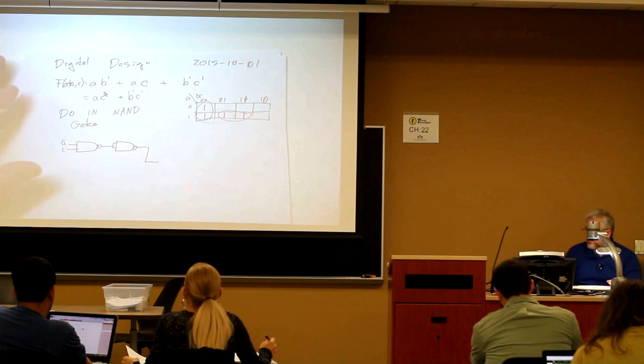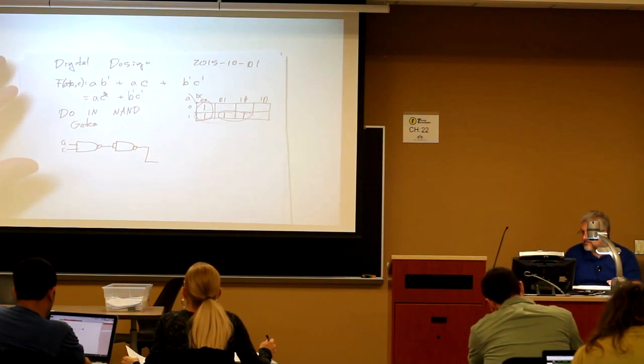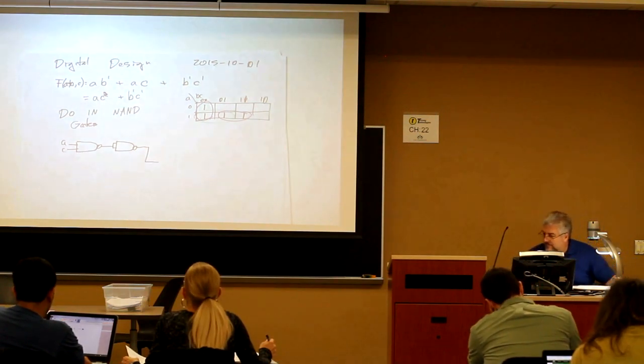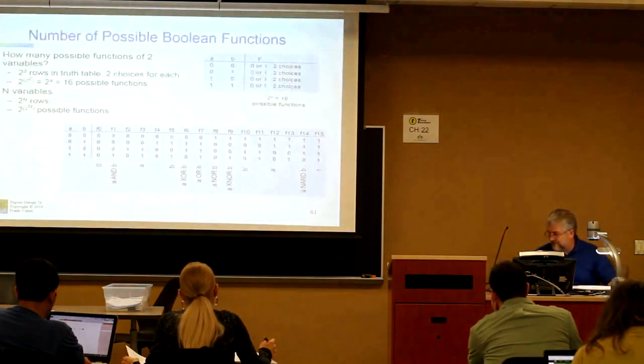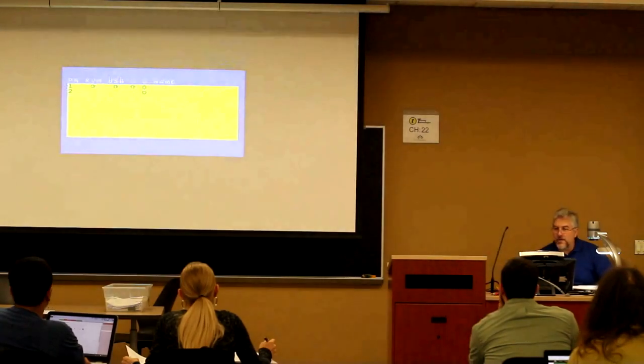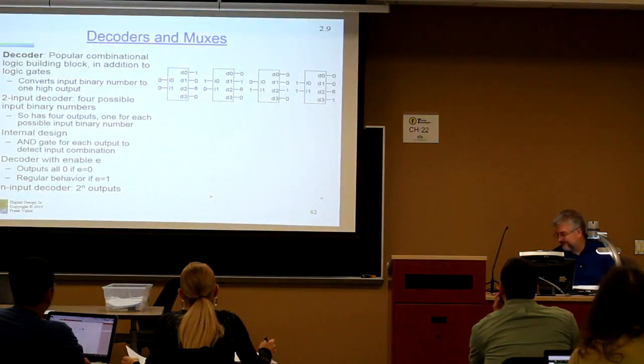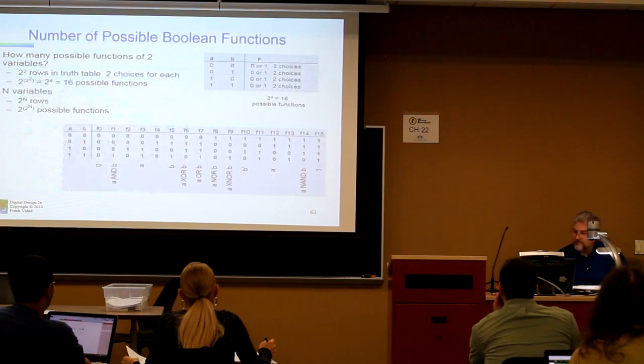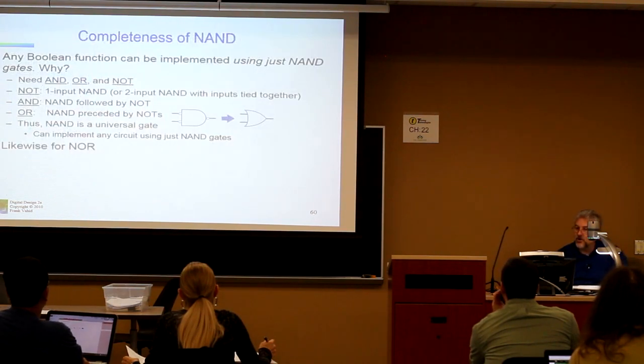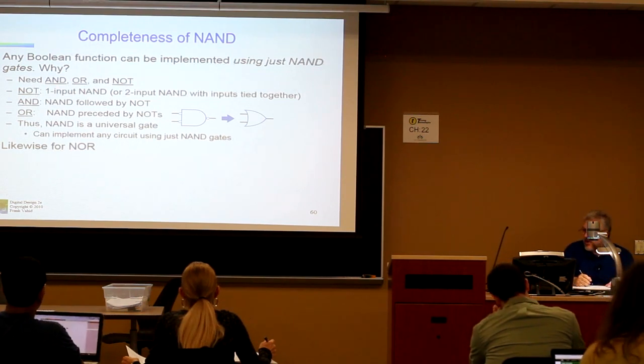And how do we represent an OR gate? Oh, I wiped it out. Oh, you know what? In the notes, I didn't even put it in here. So an OR gate was a what?